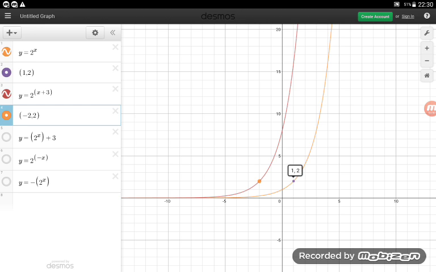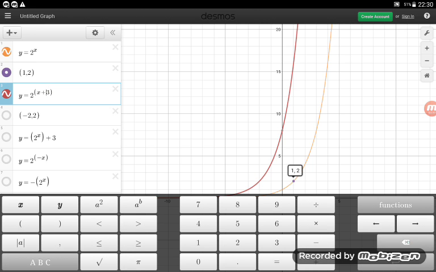Yay. So when we have y is equal to 2 to the power of x plus 3, we moved the whole original graph, the orange one, to the left by 3 units because we're adding a 3 to the x and the x only. Now if I want to move it to the right, let's say by 5 units, I just have to subtract a 5 from the x.